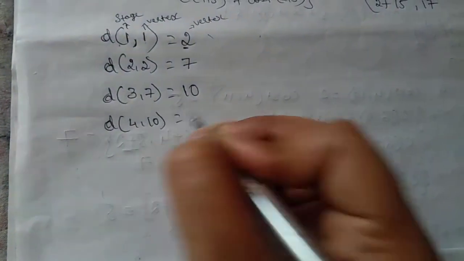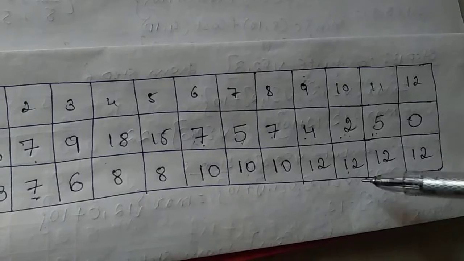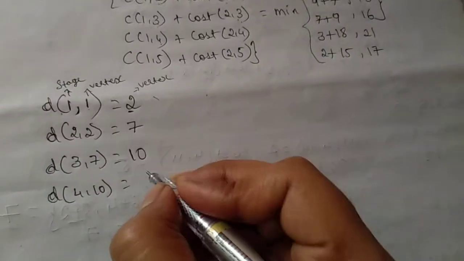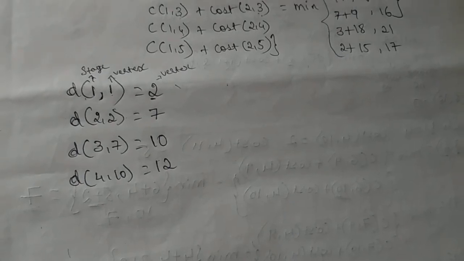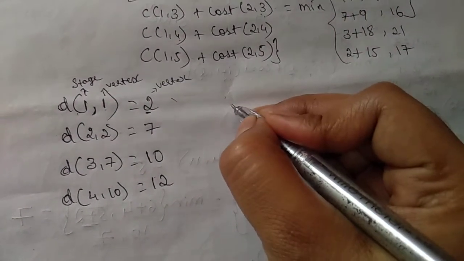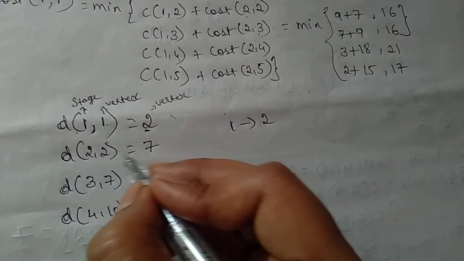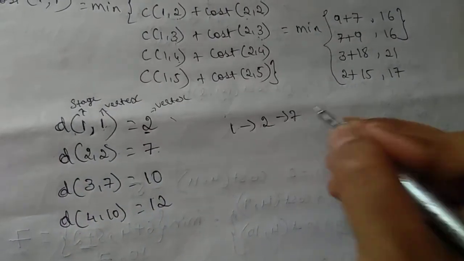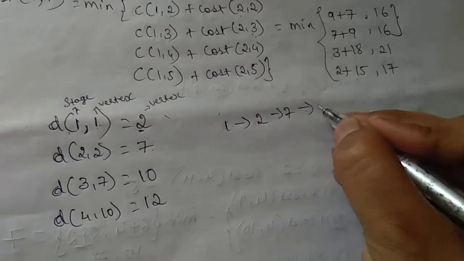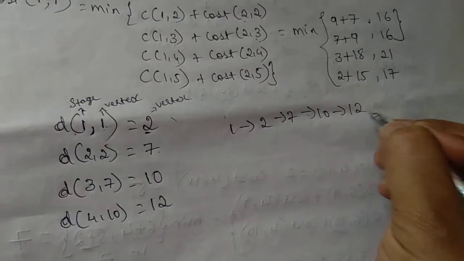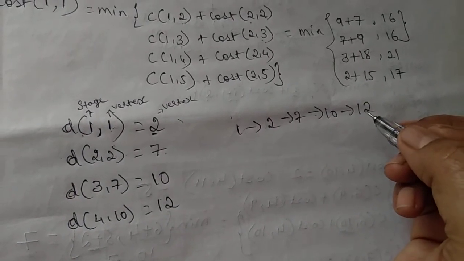Stage 4, vertex 10. 10 is going to 12. Okay. So, what is the path? From 1 to 2, 2 to 7, 7 to 10, 10 to 12.